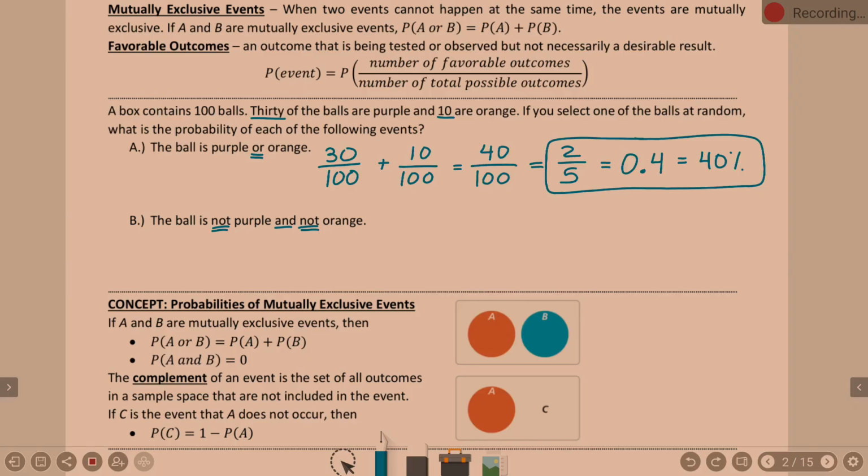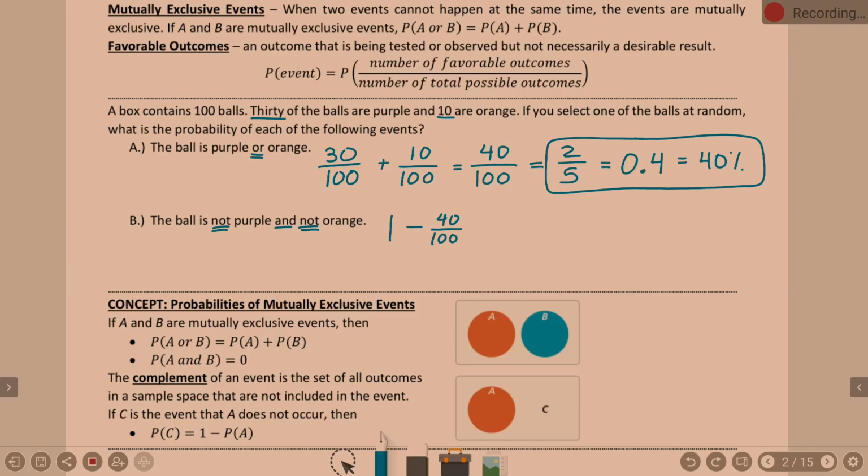purple and orange. Now, I'm going to throw out the idea, because we're talking probability, of thinking of this as 1 minus 40 out of 100. This is basically the same thing Raja did, just hang with me here. Because 1 represents what? 100%. It represents all of them, the entire probability.